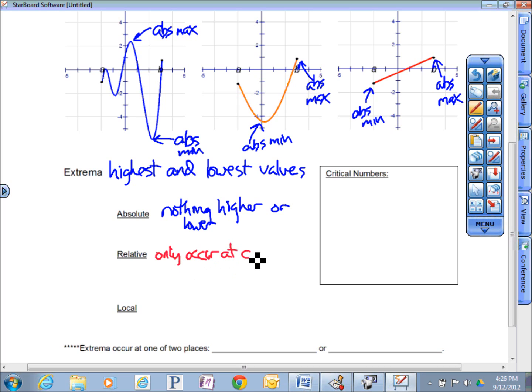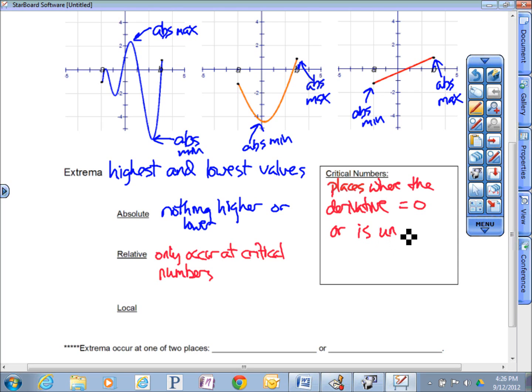at critical numbers. What are critical numbers? Critical numbers are places where the derivative is either equal to 0 or undefined.